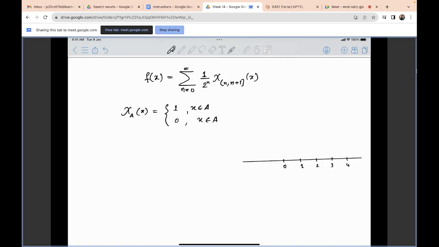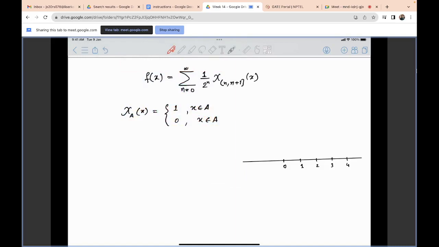If you put n equals 0, you will get the open interval 0 to 1, and for n equals 1, you get 1 to 2. So the intervals keep shifting right. At x equals 0, the interval is open, so 0 is not there. The characteristic function takes the value 0 because x equals 0 is not in the interval for any n from 0 to infinity. So at the point x equals 0, the function takes the value 0, right?